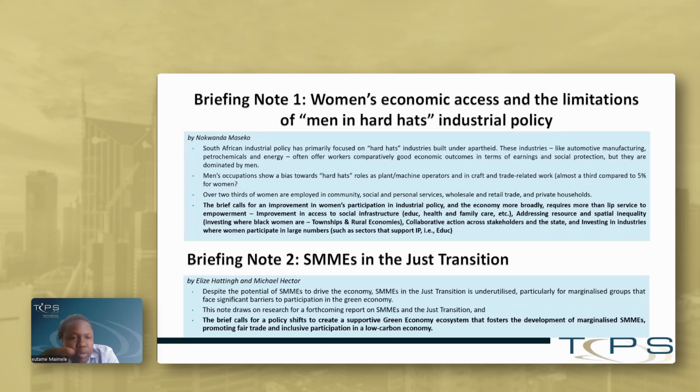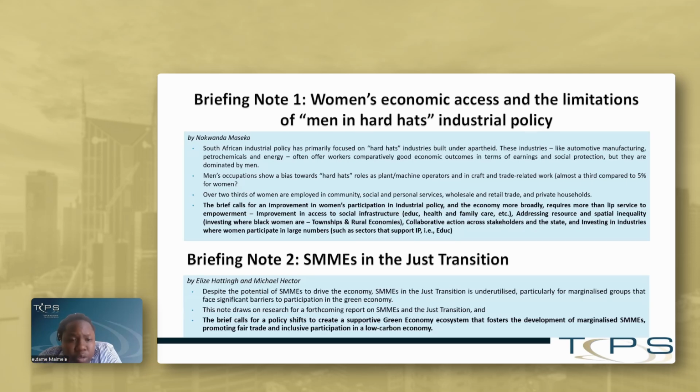Then moving to the last slide, just highlighting the briefing notes. The first one is on women's economic access and the limitations of industrial policy. The brief calls for an improvement in women's participation in industrial policy and the economy more broadly, and it highlights that concrete actions need to be taken.